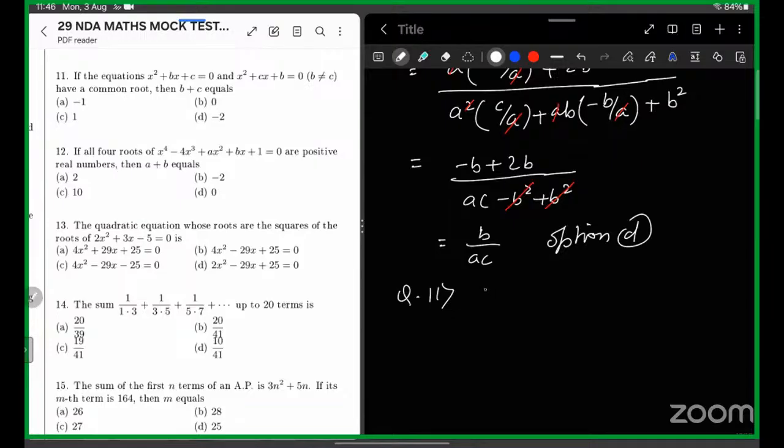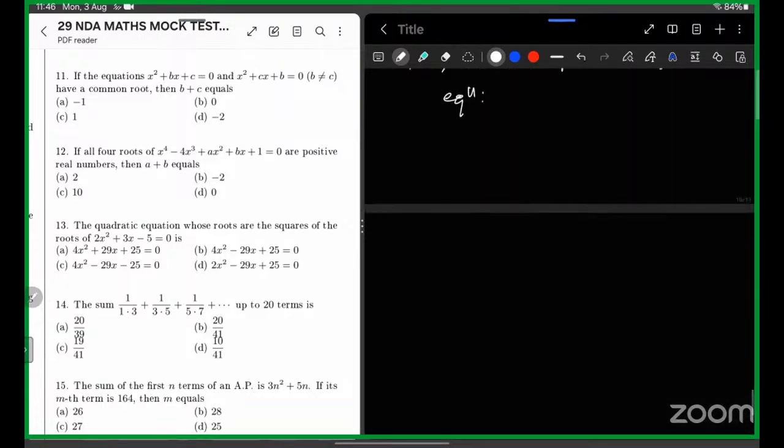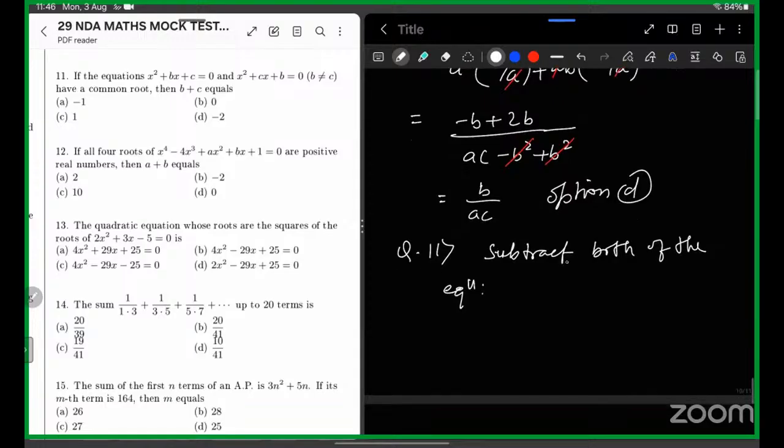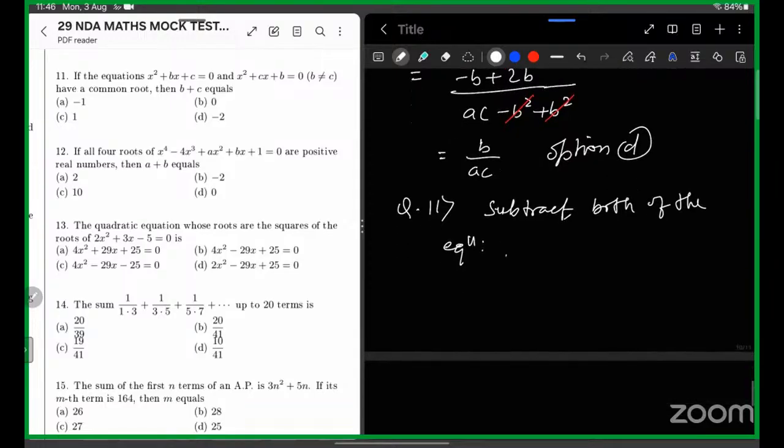So just subtract both of the two equations. When you will subtract it, what you are going to get? x square plus bx plus c minus x square minus ax minus b equal to 0.